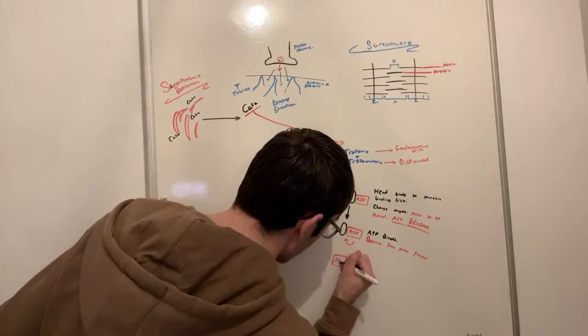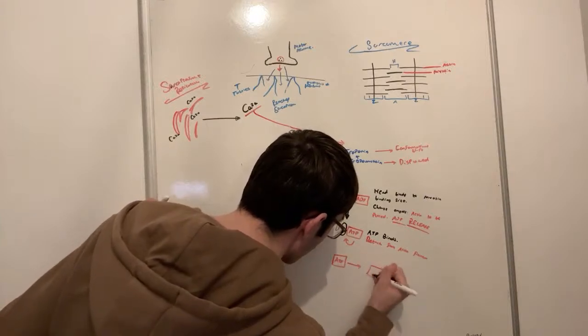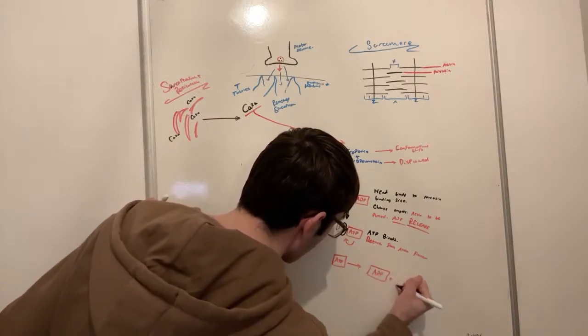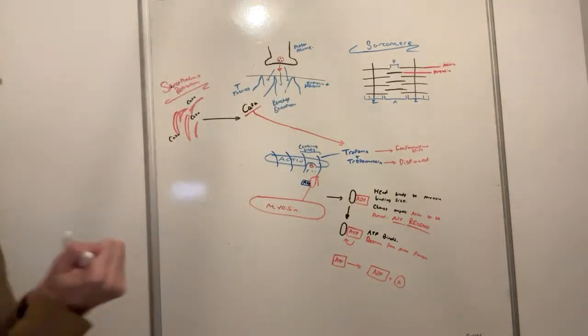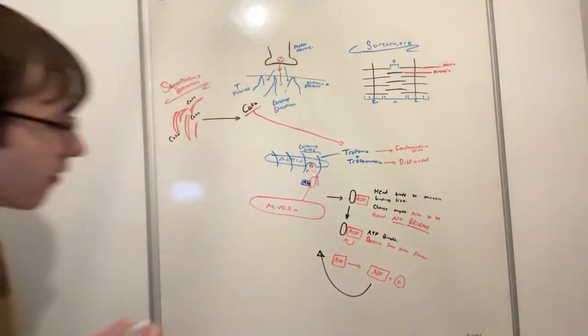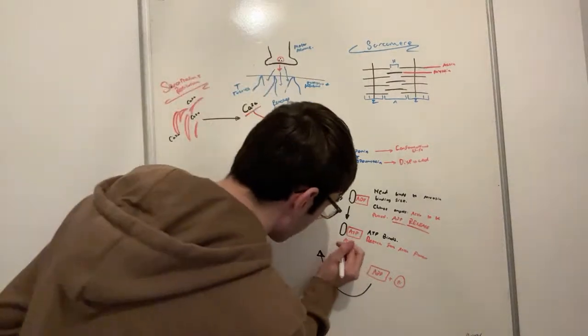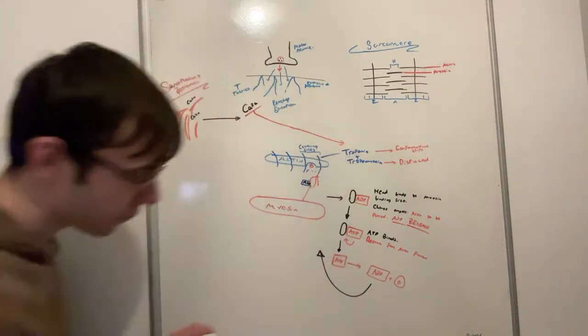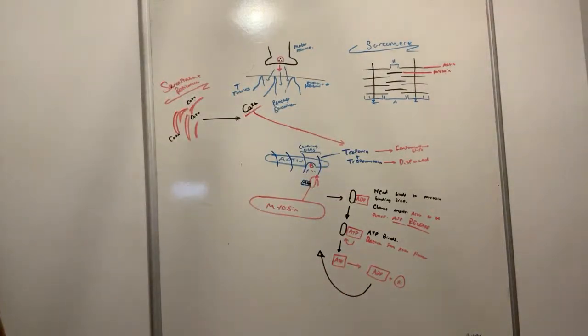And then finally, the hydrolysis of ATP into Pi is going to lead to myosin being returned to its normal position.